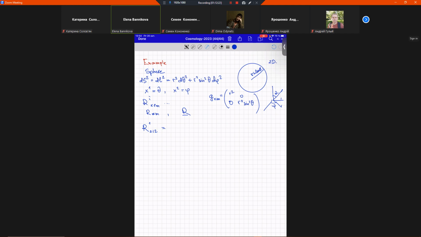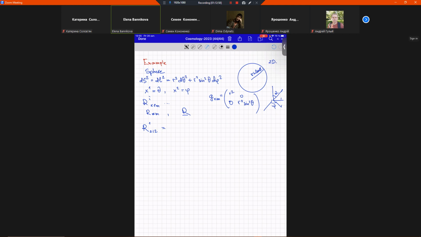For example, for four-dimensional space, for space and time, there should be 20 independent components, if I remember correctly. But as you will see, you will understand why finally a lot of components are reduced, for example, when we are working with our universe, to build the model of the universe.